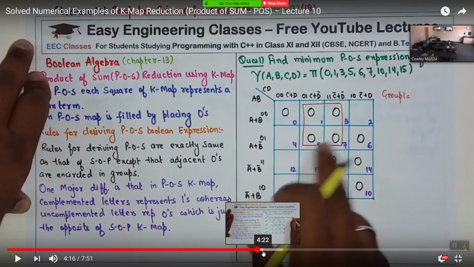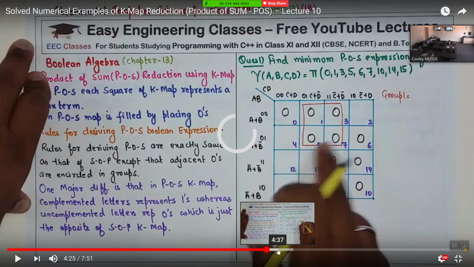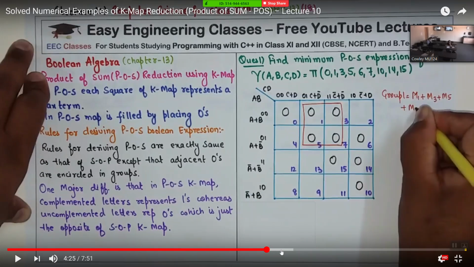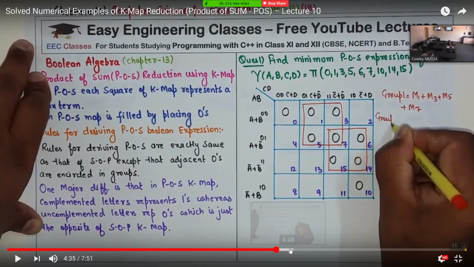The previous examples I showed you, they had to be in pairs, didn't they? And he's just generally talking about the max terms. This is M1 plus M3 plus M5 plus M7. Here's group 2.